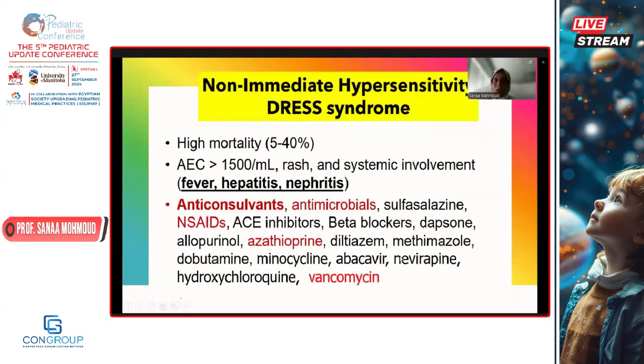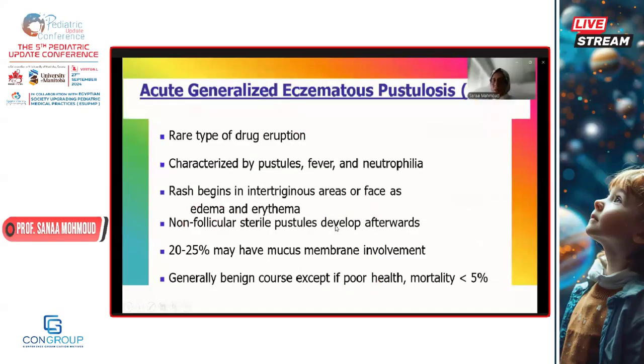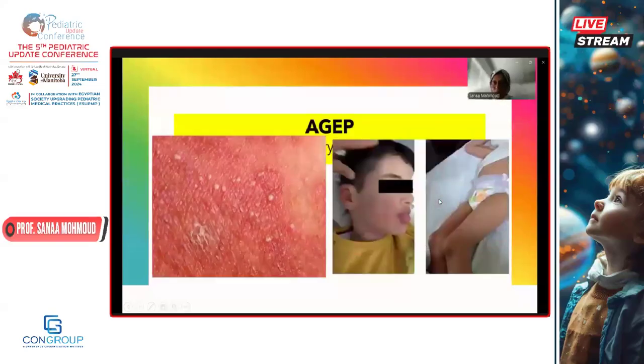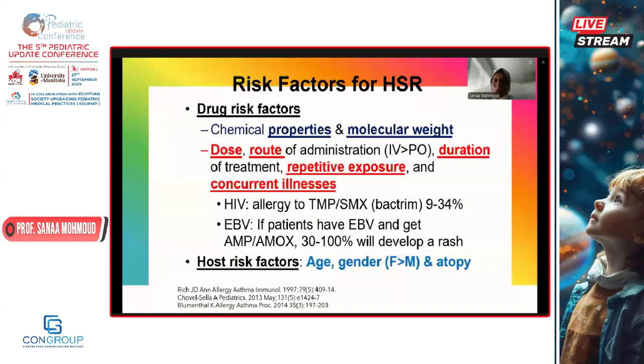There will always be a high eosinophil count, and there will be symptoms of organ involvement, and any drug can cause it. There is another form, acute generalized exanthematous pustulosis. It's also rare, and you will have a reaction like this, and you will forget to ask the patient what is the culprit for that.